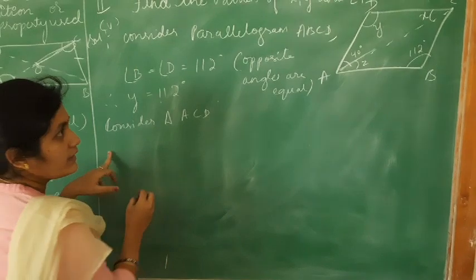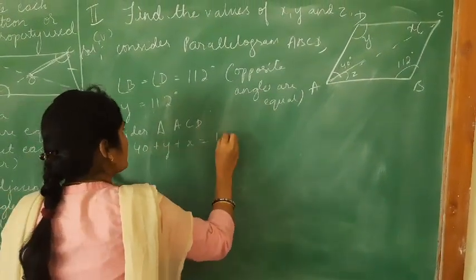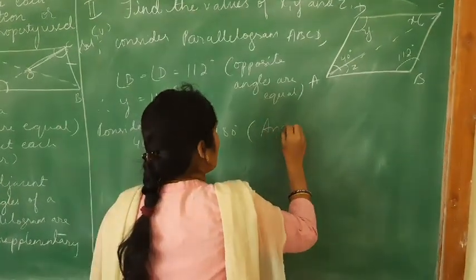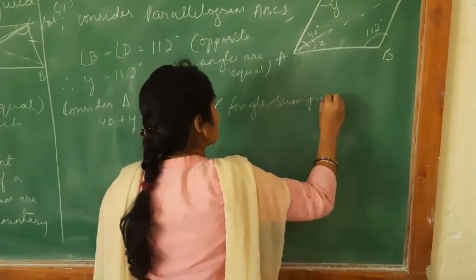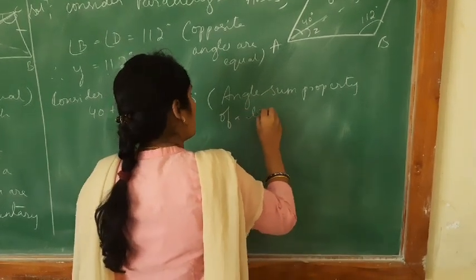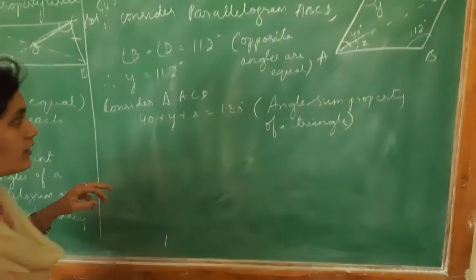In triangle ACD, 40 plus y plus x gives you 180 degrees. This is the angle sum property of a triangle, where the sum of three angles will be 180.